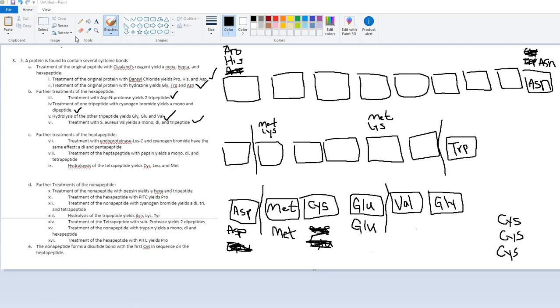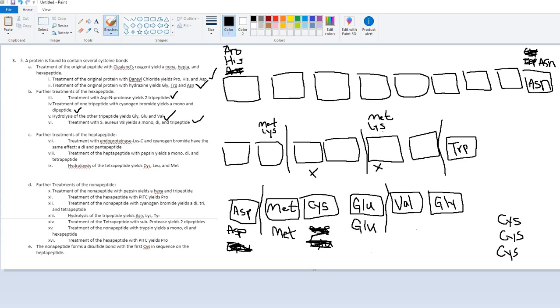Now to get a di and a tetrapeptide out of this, using one of those 4 amino acids, cleaving at the N-terminal, we could either have one of those 4 go here, which would make this be the dipeptide and this would be the tetrapeptide, or we could also have it cleave here, which makes this be the di, this would be the tetra, and this would be the monopeptide.